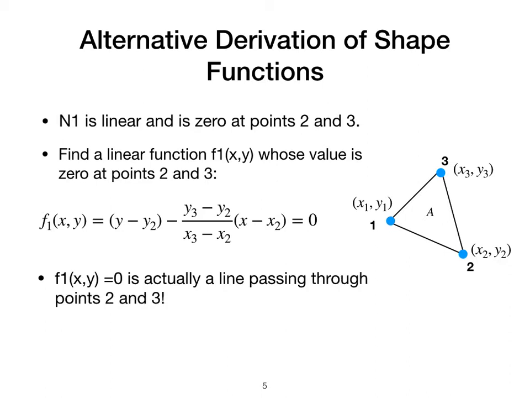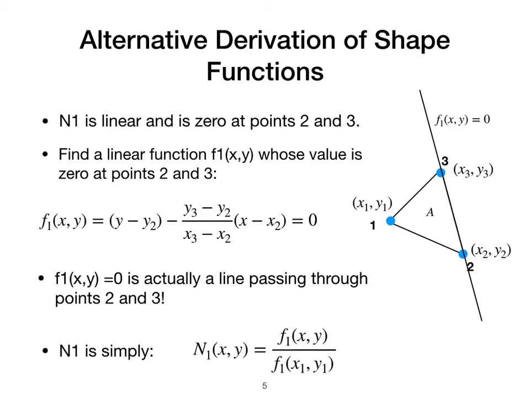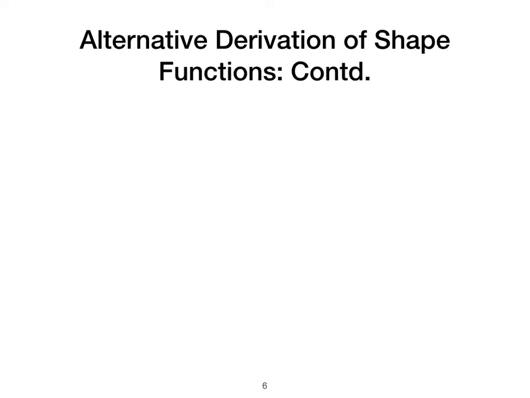You may recognize that f1(x,y) equal to 0 is actually a line passing through points 2 and 3, and N1 is simply f1(x,y) divided by the value of f1 at point x1, y1. Similarly, you can derive N2 and N3.